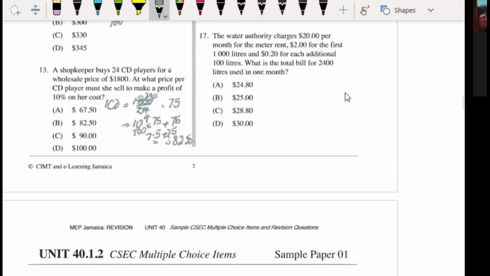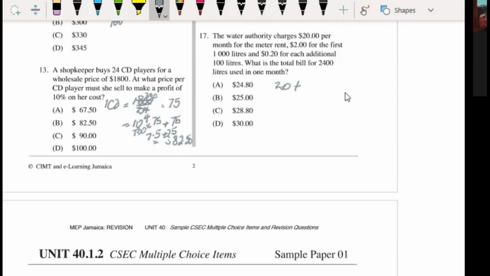So is it more than 1,000 liters? Yes. So therefore, we start off with $20. And we are left with 1,400 liters.